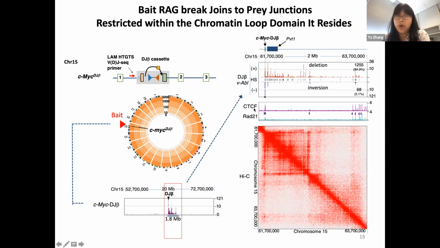So then we further found that the boundary of the breaks localizes very well with the CTCF and RAD21 ChIP-seq signal. And further on, based on published chromatin interaction assays, we found this region is a domain that has increased interaction within the domain itself.